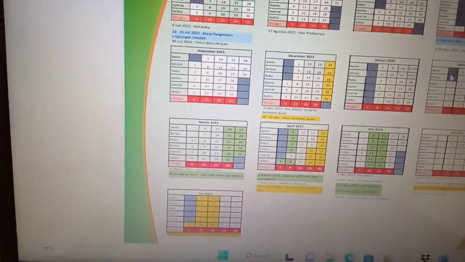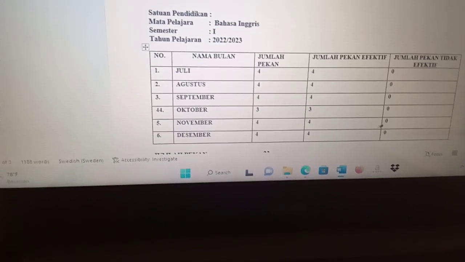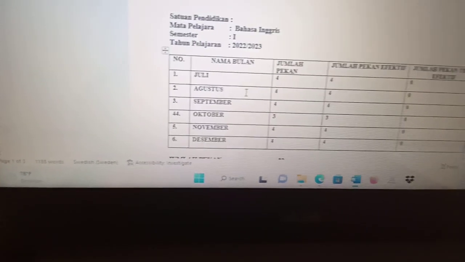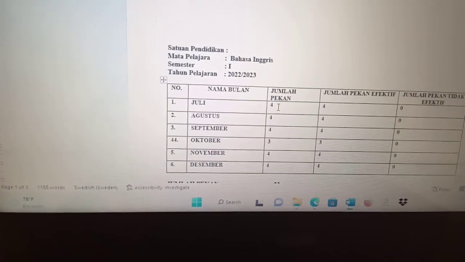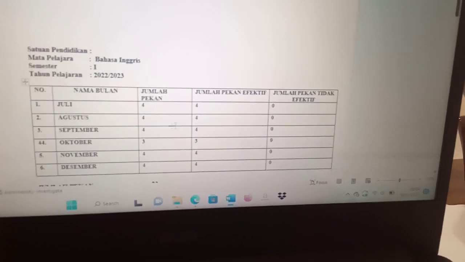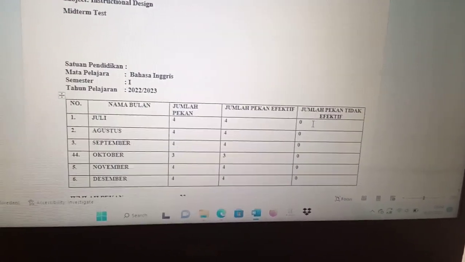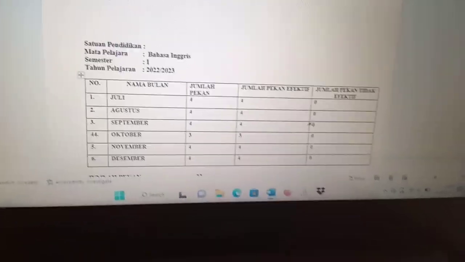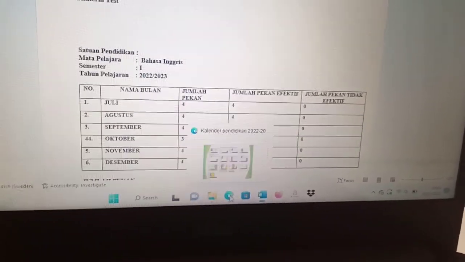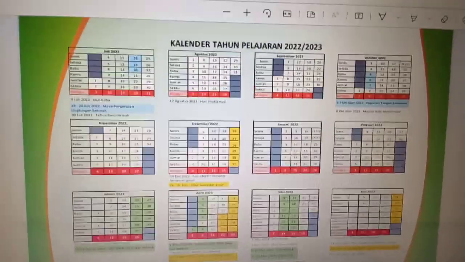So we write it down there: July, there are 4 weeks and 4 effective weeks, so 4 minus 4 equals 0 ineffective weeks. That's for July. Now let's go to August.